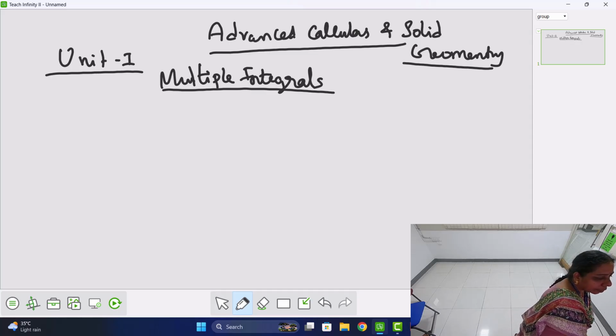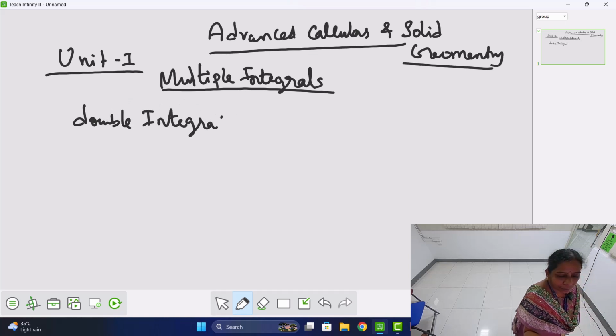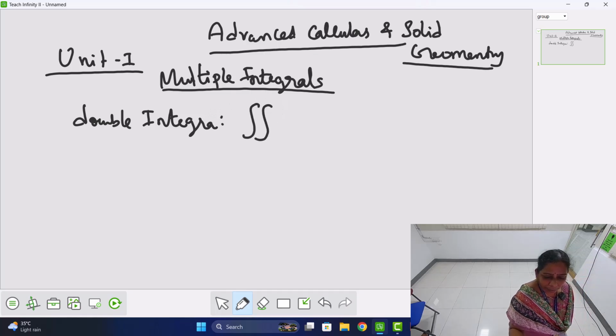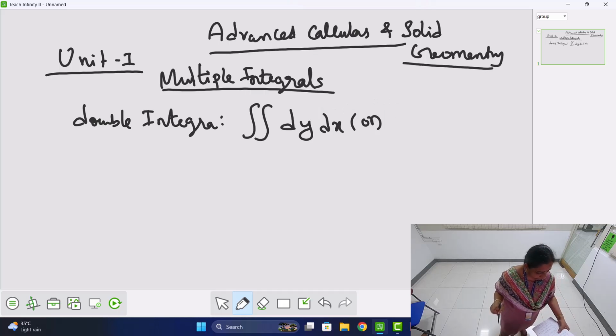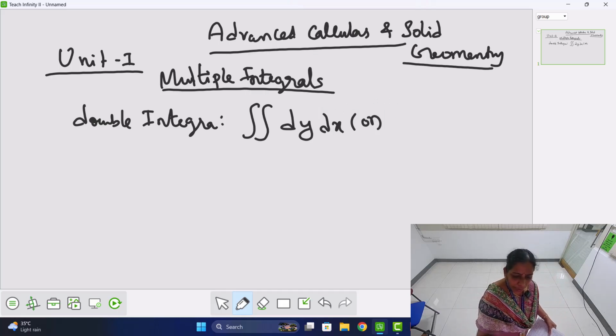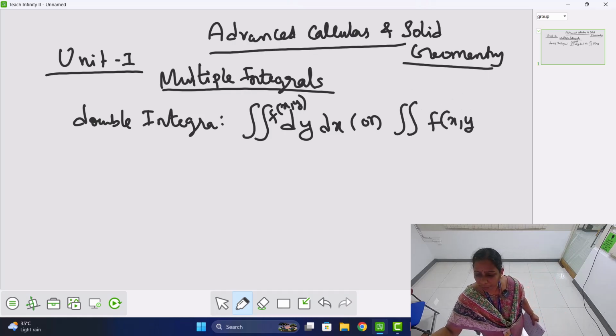For this, the basic thing you have to know is the double integral and triple integral. Double integration of f of x comma y dy dx or dx dy.